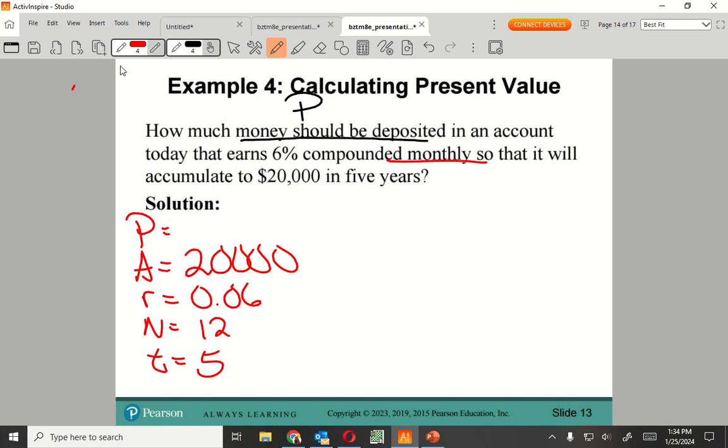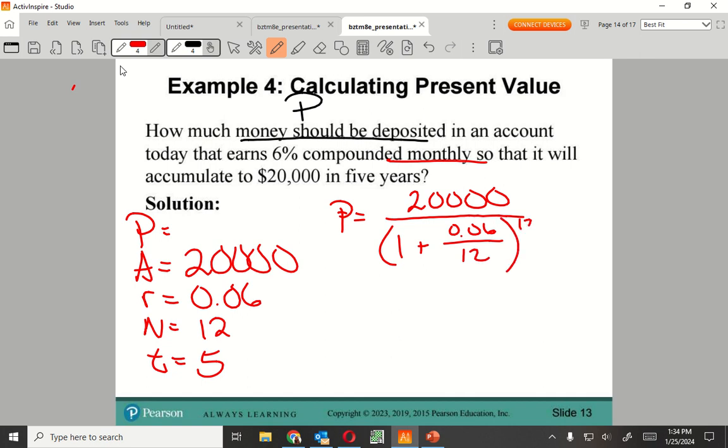So we're solving for P. So I should use P equals. My formula is going to be A, which is 20,000, over parentheses 1 plus 0.06 divided by 12, close, 12 times 5. Right there. So it should look just like this.